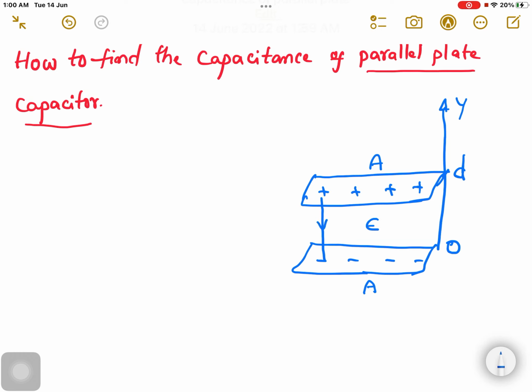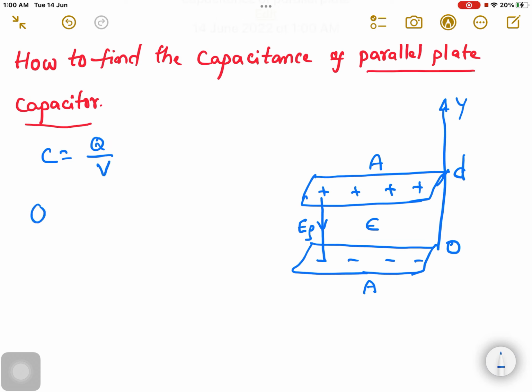Let us consider this electric field component as E rho. Then due to this E rho, we are going to calculate how much capacitance will be formed between these two plates by using the general formula for any capacitor, C equals Q by V.